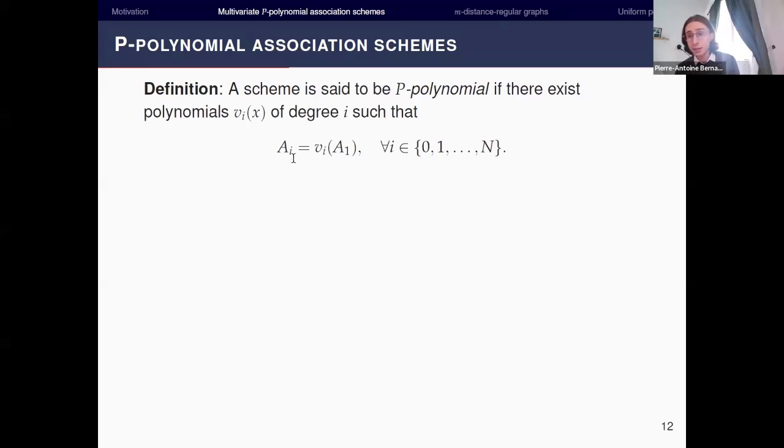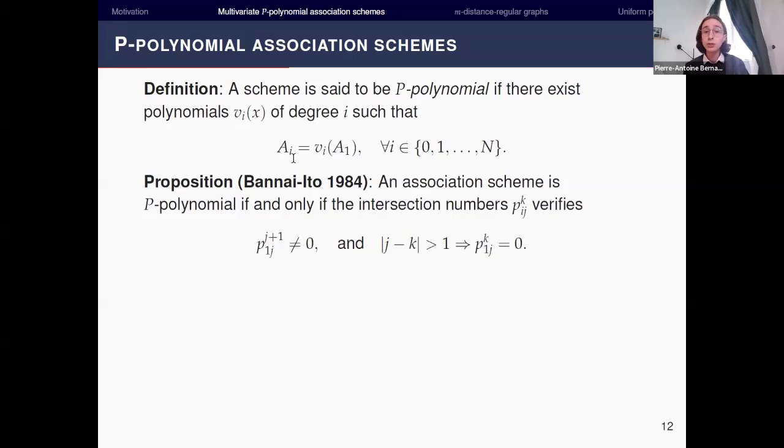It would not be very interesting if it was not related to anything else, but we know some results regarding this P-polynomial scheme. The first result is a connection between this P-polynomial scheme and a constraint on the intersection numbers.